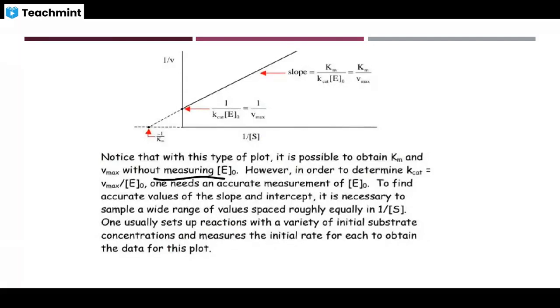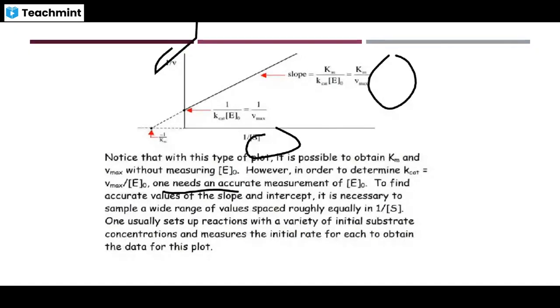Here you can measure Km divided by Vmax without needing enzyme concentration. You just need the substrate concentration and rate. Plotting these two, you get the slope, and from that you can get Km by V. However, in order to know k catalytic, which is Vmax divided by E naught, one needs an accurate measurement of E naught.